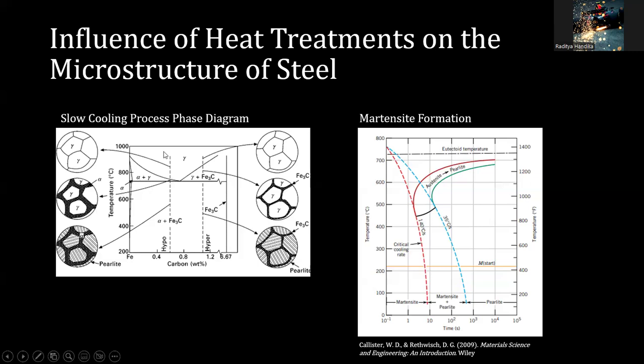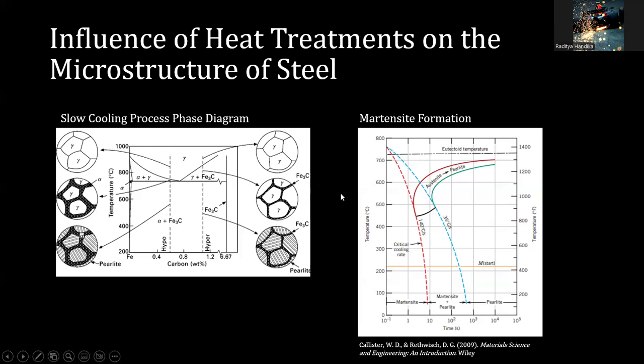So the first explanation is about this slow cooling process phase diagram, which for specimen A is resulting in fine pearlite, and specimen C is resulting in coarser pearlite, as shown in this particular phase diagram for the slow cooling process.